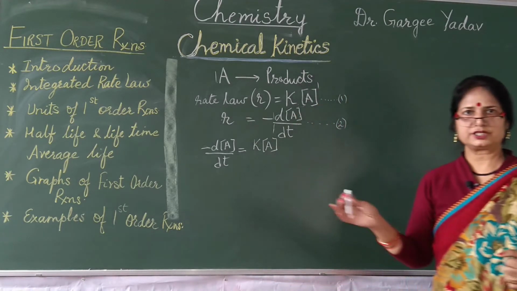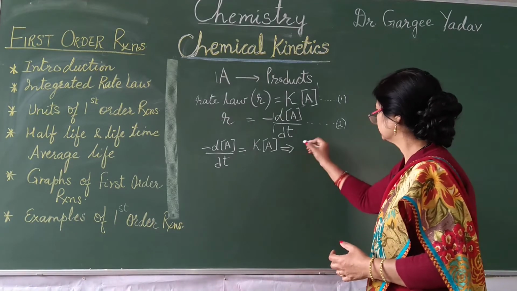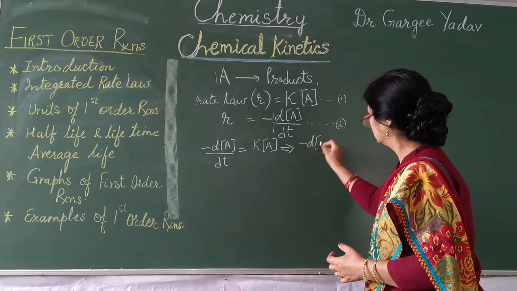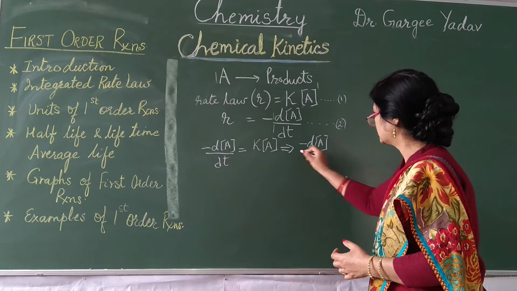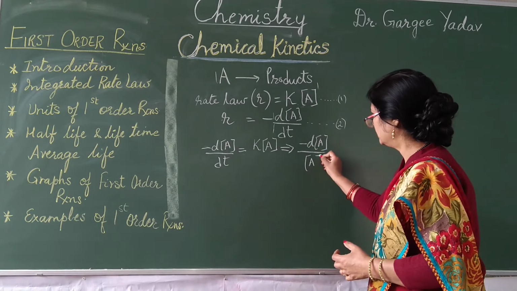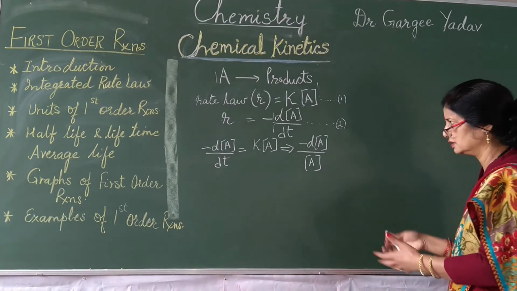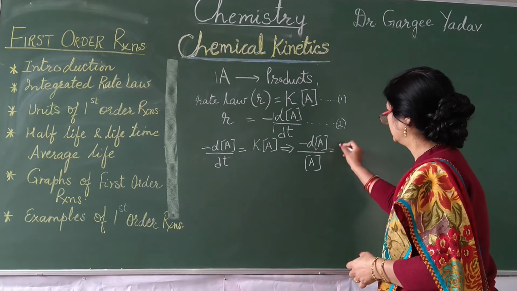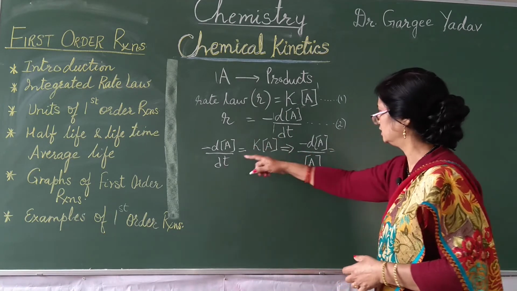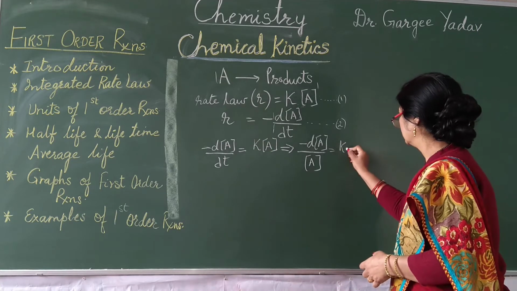A slight rearrangement over here, and what we get is minus. You remember, we are placing minus sign because in this expression, because A is continuously being consumed, the concentration of A is declining. This will be equal to K into dt. dt will come over here and A over here. K.